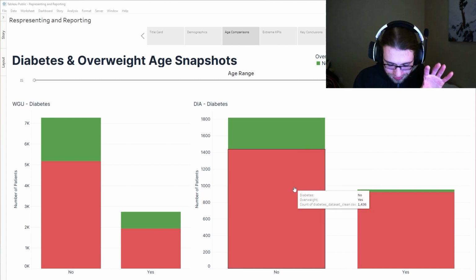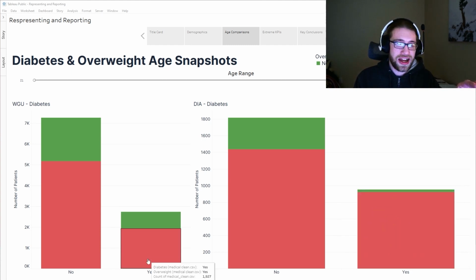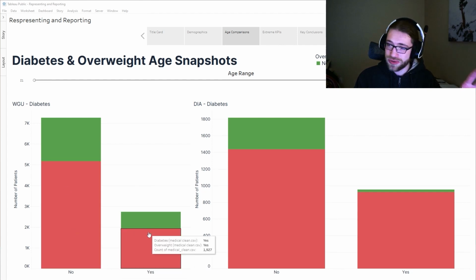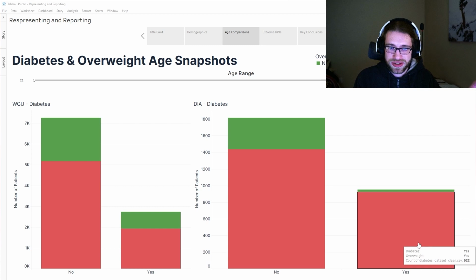Now, when it comes to this page, what we want to do is keep the red in this column higher than this, because this is WGU, where we want to have fewer diabetic and overweight patients than our competitor.